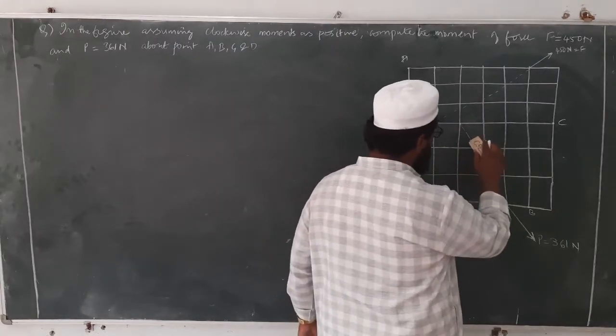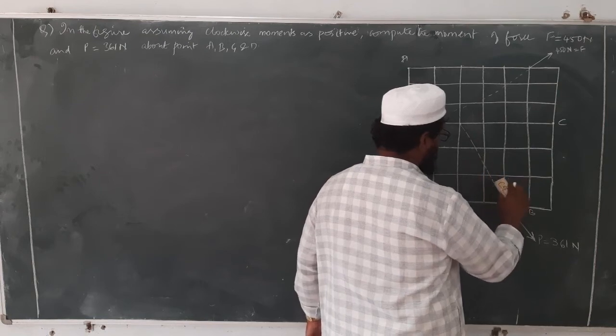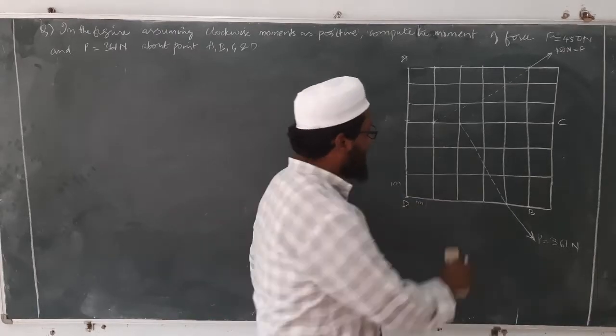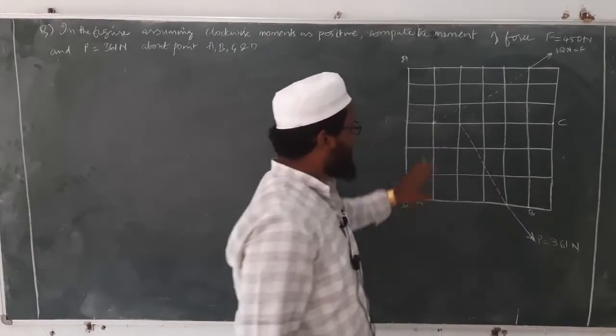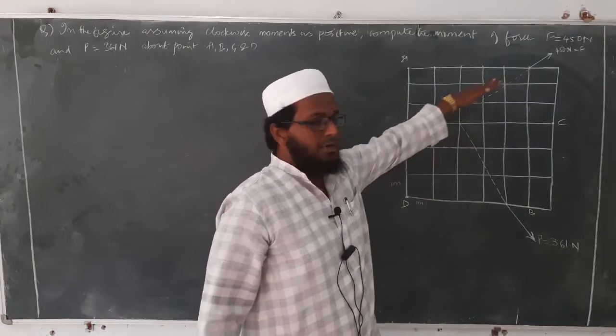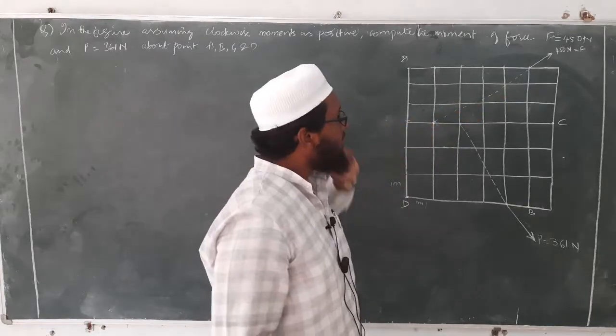These are all dotted lines. So why are these boxes given to us? Actually, these boxes are given to us to identify the angle of the force. What is the angle of the force?